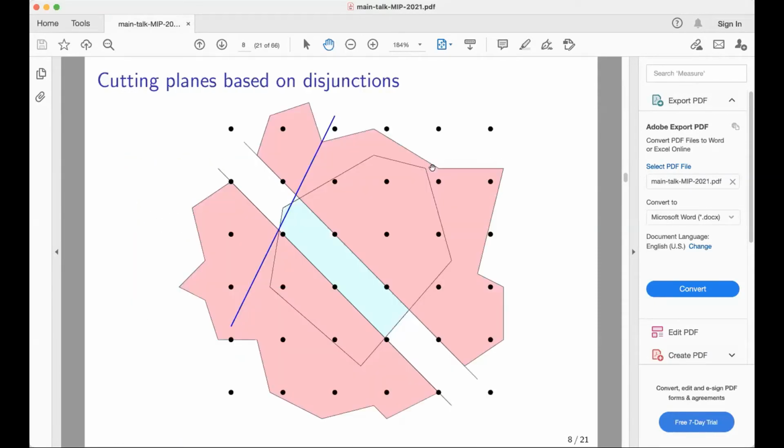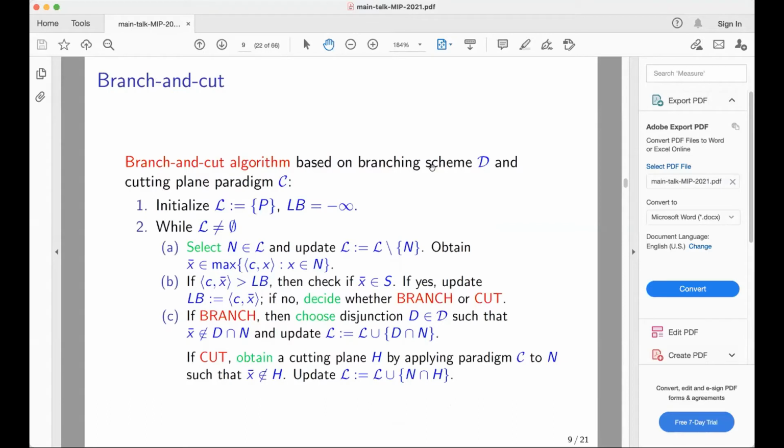So for example, here, like I said, there are these canonical disjunctions called split disjunctions, which are two-term disjunctions. And this blue line here is valid for the intersection of the original convex relaxation with the two half spaces that I have in the split disjunction. And therefore, this is a cut that is derived from this disjunction, and such cuts are called split cuts. And what's a branch and cut algorithm?